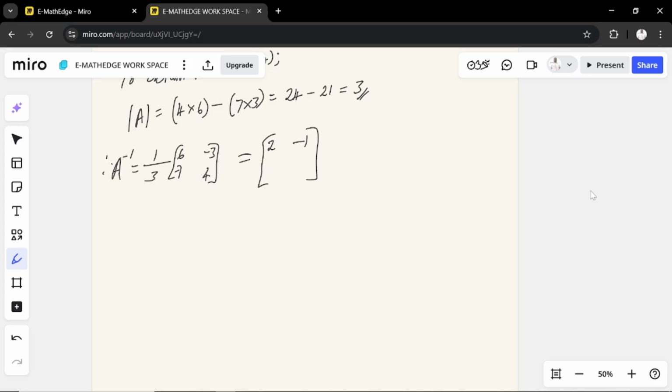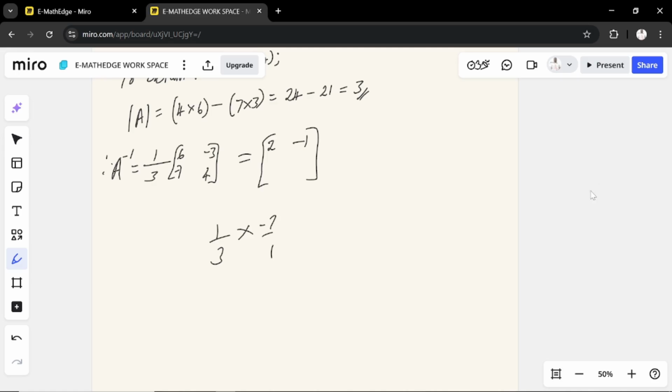Now we are looking for the element in the second row, first column. So how do we do that? We multiply the scalar value by the element in the second row, first column here, such that we are going to have 1 all over 3 multiplying, mind you, the element there is -7.